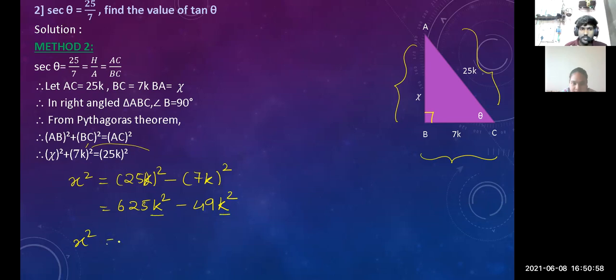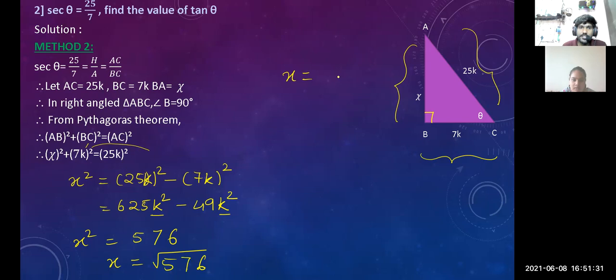Can you tell me how much is 625 minus 49? We did the same thing in the previous sum: 576. Now you take square root on both sides. So x is equal to square root 576.